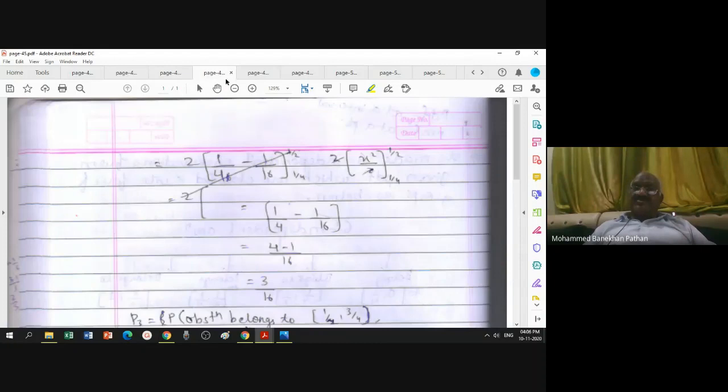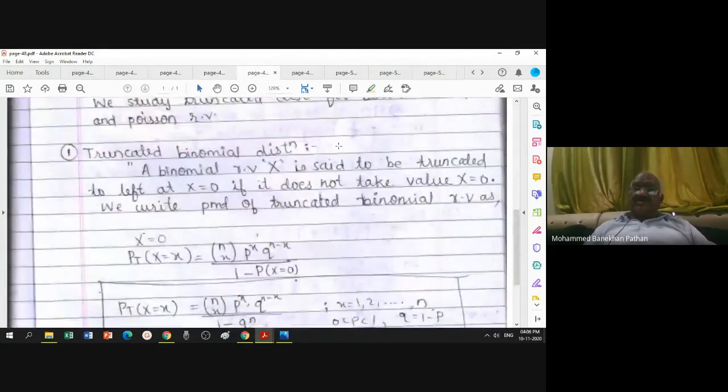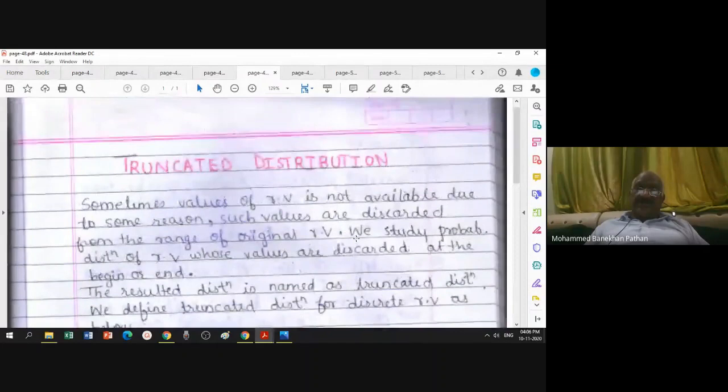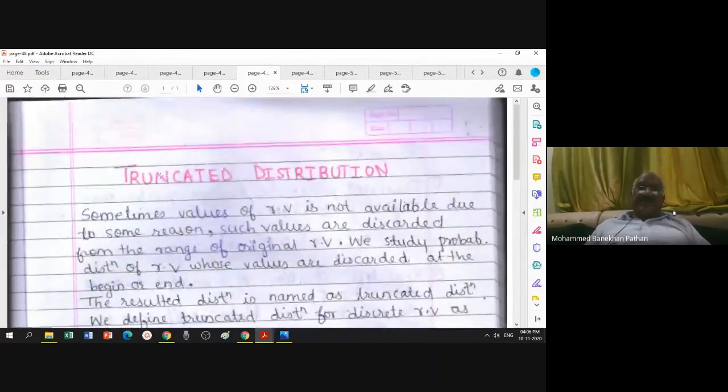So this is the last question I was thinking of explaining related to the multinomial distribution. Today we'll stop the multinomial distribution and begin a new chapter with the heading truncated distribution.